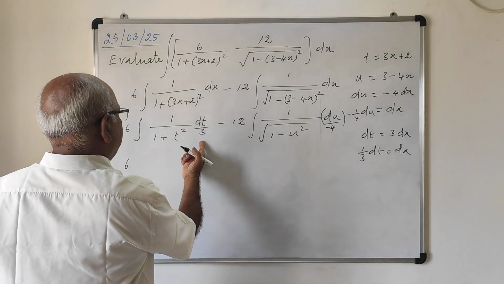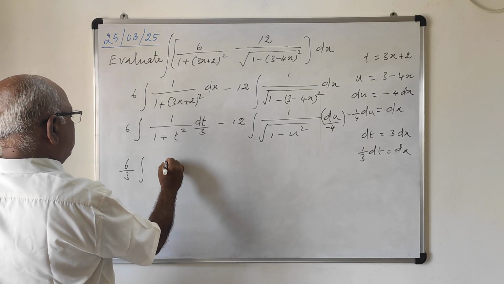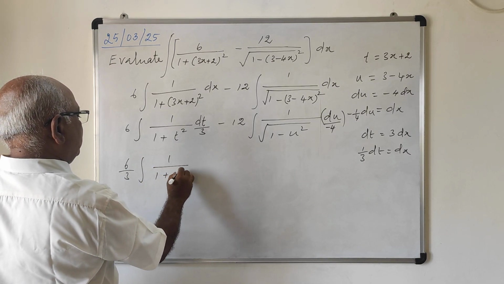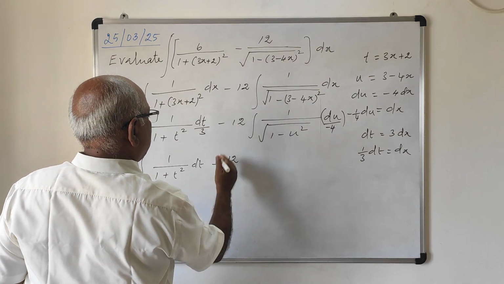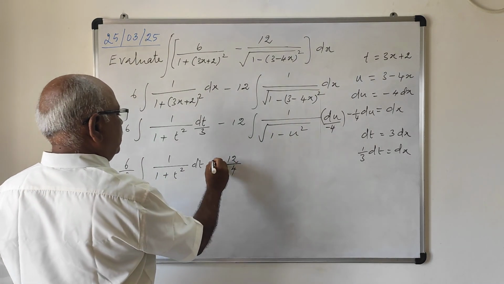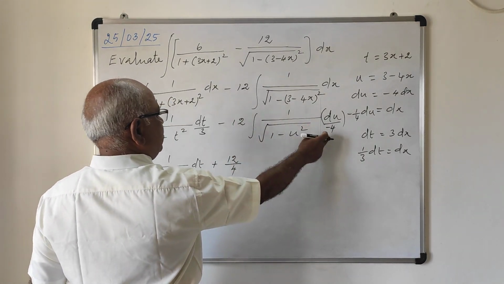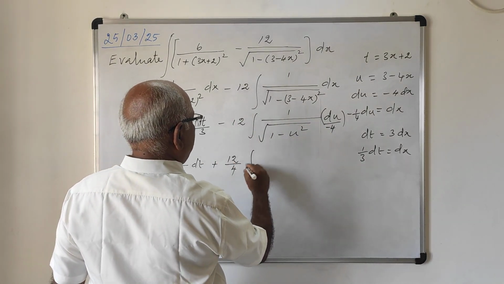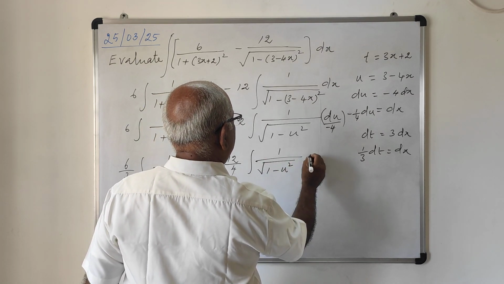So you take this 3, cancelling 6 by 3, in integral 1 by 1 plus t square dt. Similarly, minus of minus becomes plus, 12 by 4, integral 1 by root of 1 minus u square du.